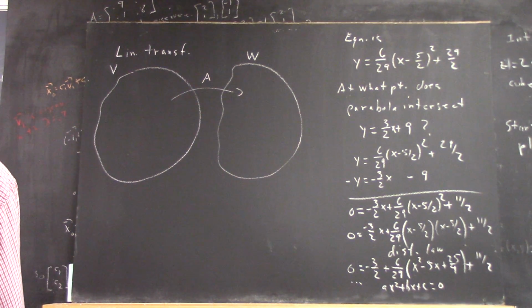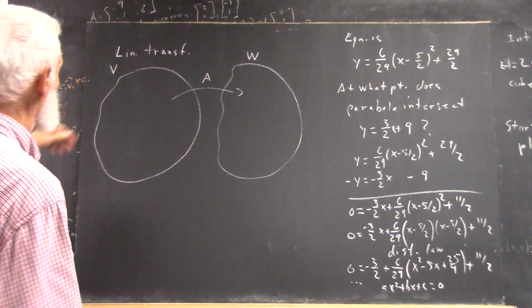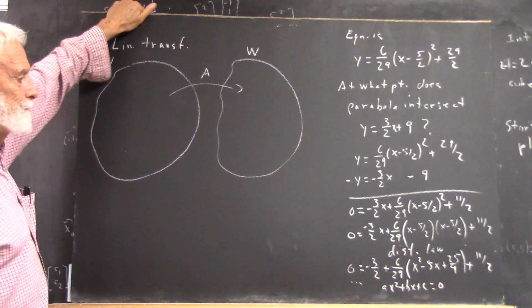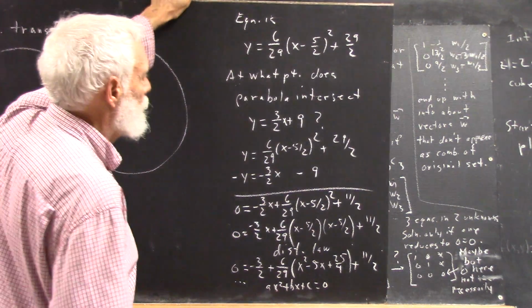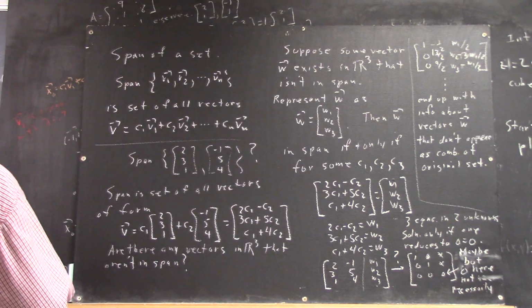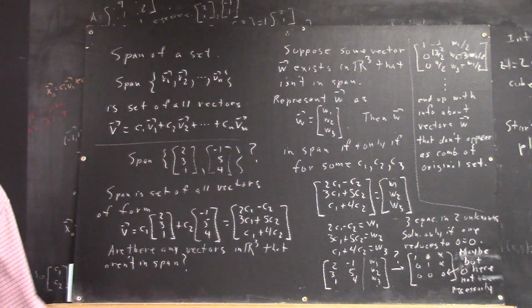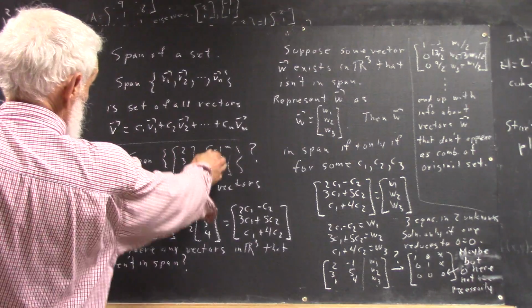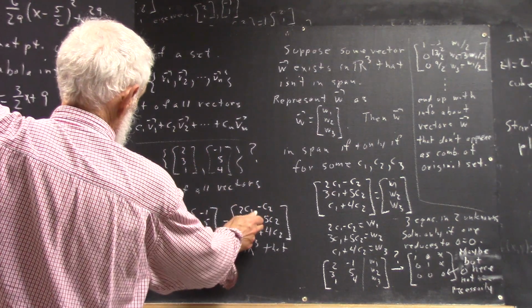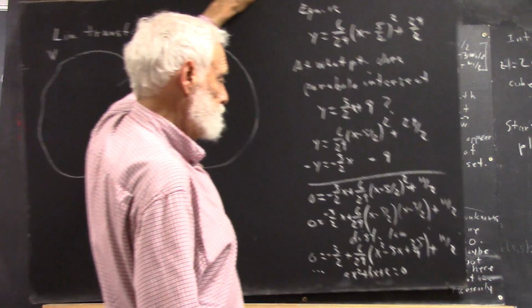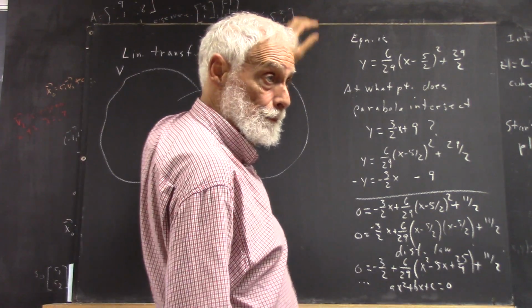Where is what we just did? Did I cover it up? Must have. Okay, here we're going from R3 to R3, right? These are vectors in R3, and we're getting a vector in R3.